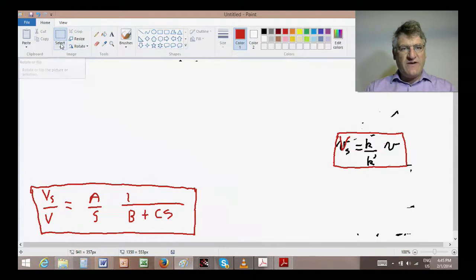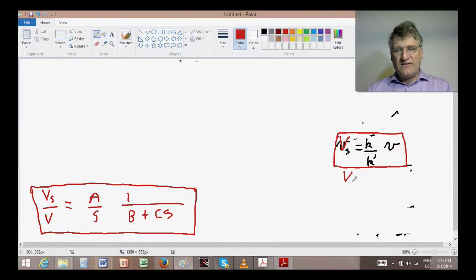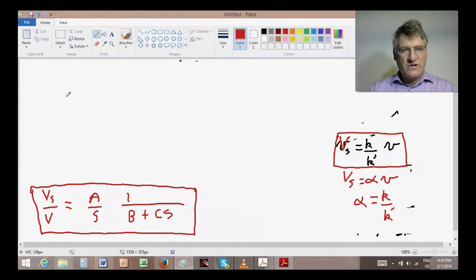We should simplify it even more by writing that Vs is equal to some coefficient, which we will call alpha, times V, where alpha is equal to K over K prime. These exaggerated simplifications are extremely useful so we can keep track of the essential elements of what we're doing. So our system ends up looking like this.